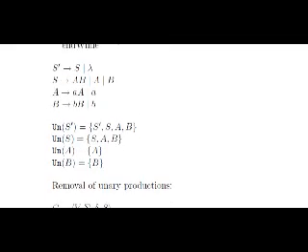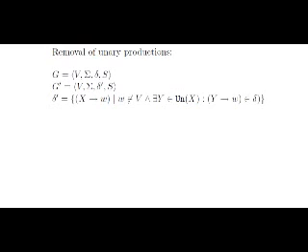Let G be the grammar that we want to transform. The new G' and G will be equal except for the set of rules. The rules of G' will be of the form x rewrites to w, satisfying the following. w cannot be a variable, because otherwise we would have a unary production.